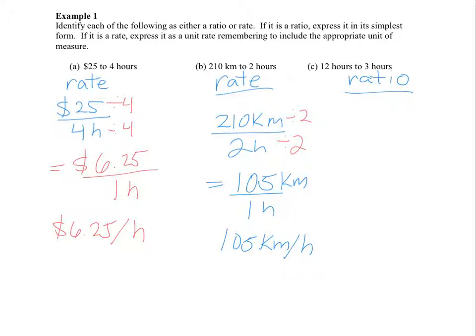So it says if it's a ratio, express it in its simplest form, so we're going to remember writing ratios in fractional form, 12 hours to 3 hours, and then I know that 3 goes into both those numbers, so I'm going to divide both of those by 3. Okay, and 12 divided by 3 is 4, and 3 divided by 3 is 1. Okay, so that's 4 hours to 1 hour. You could say Mike works 4 hours for every 1 hour that Jane works.